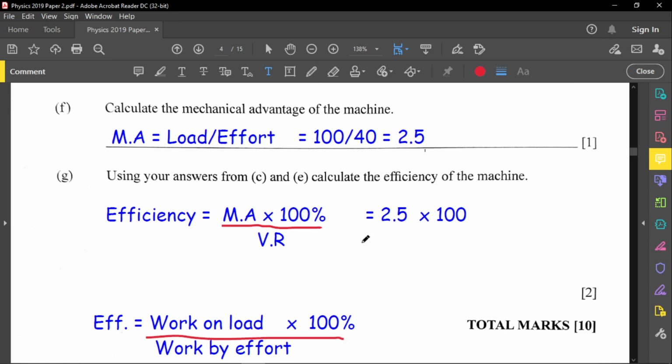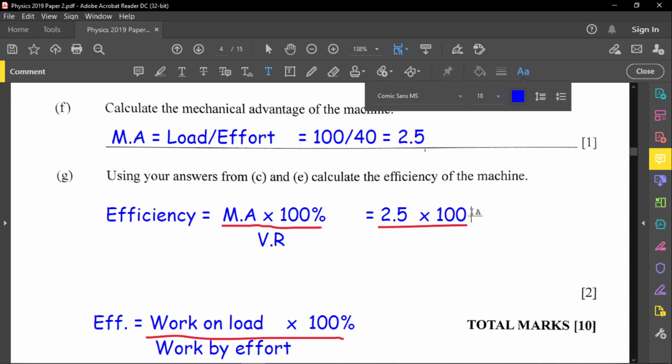And our velocity ratio, remember, is 3. So divided by 3. This will be 2.5 times 100 divided by 3, which gives us 83%.